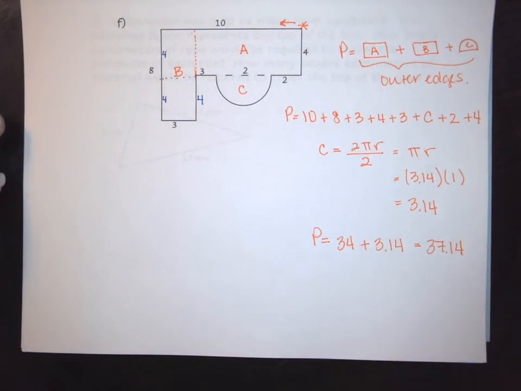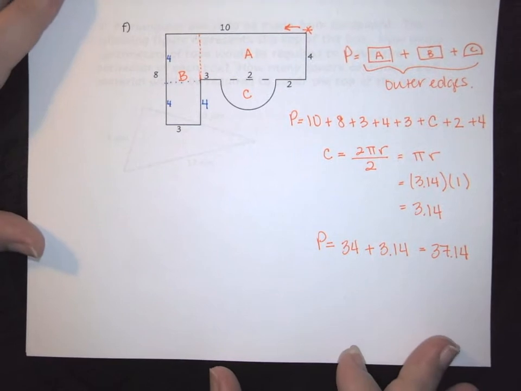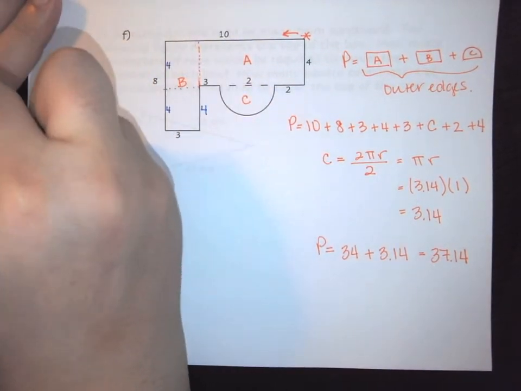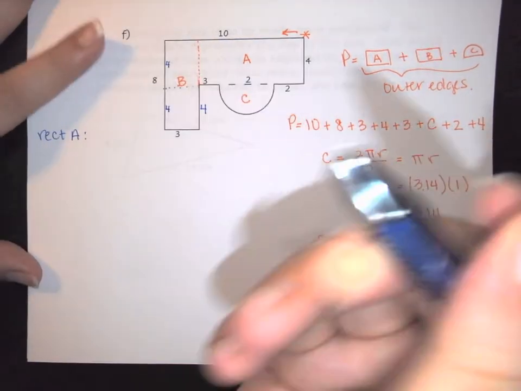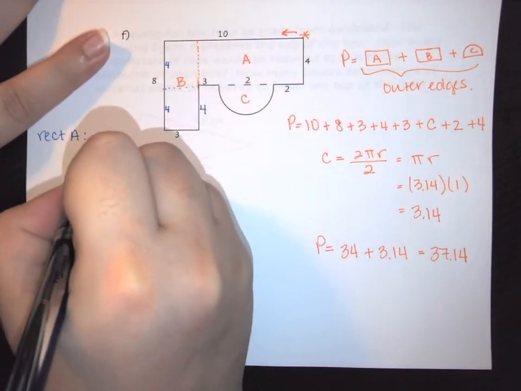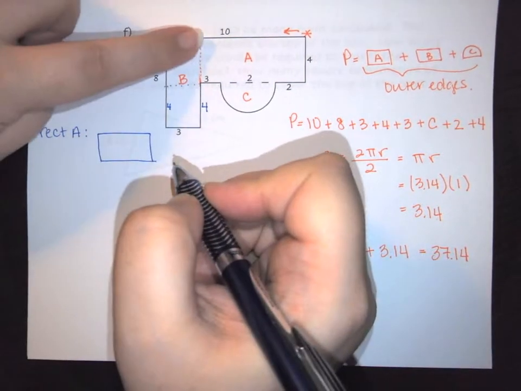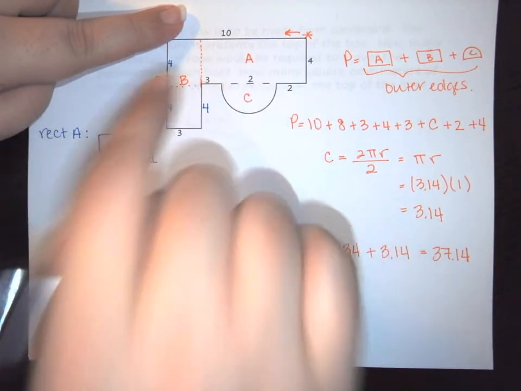Now we can find the areas. So first and foremost, we have it broken down into sections. The first thing that I have is rectangle A. Rectangle A is essentially this right here. So we're looking at this rectangle here, and we're caring about the sides.